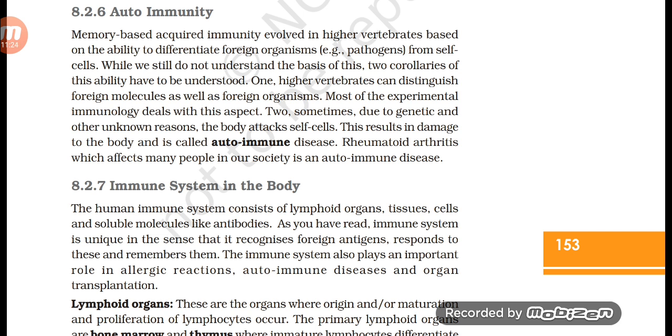Most of the experimental immunology deals with this aspect. Two, sometimes due to genetic and other unknown reasons, the body attacks its own cells and this results in damage to the body and is called autoimmune disease. Rheumatoid arthritis, which affects many people in our society, is an autoimmune disease.